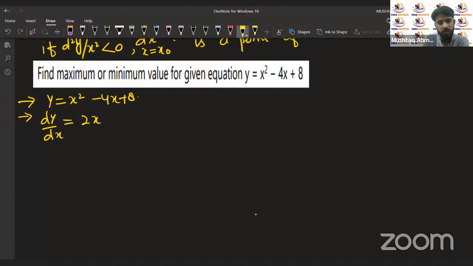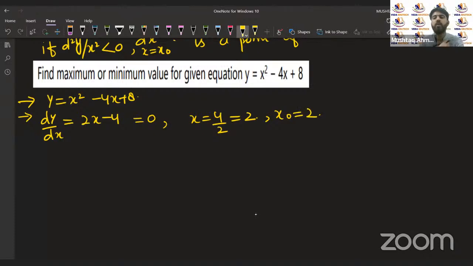It's 2x minus 4, right? And then our second step is that we'll put this equal to 0. And what do we get from here? Solution of dy by dx, that is x is equal to 4 upon 2, that comes out to be 2. So our solution of dy by dx, that's x naught equal to 2.